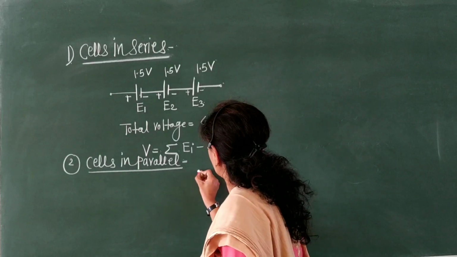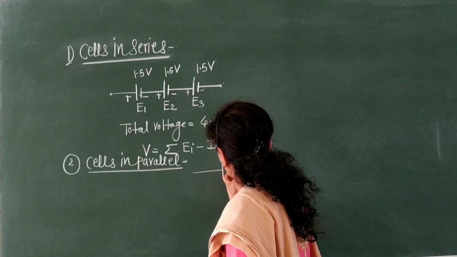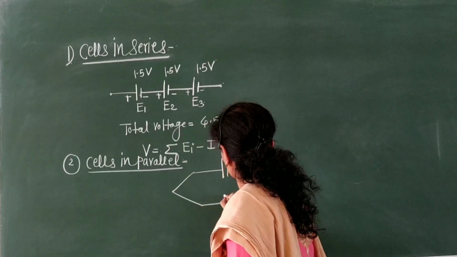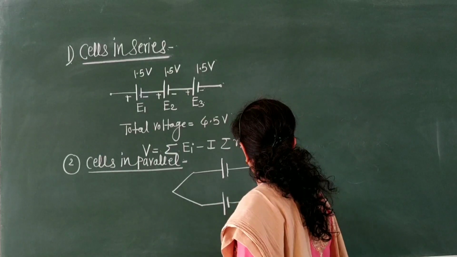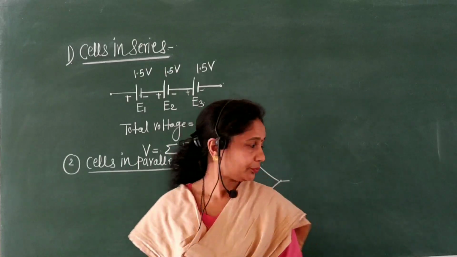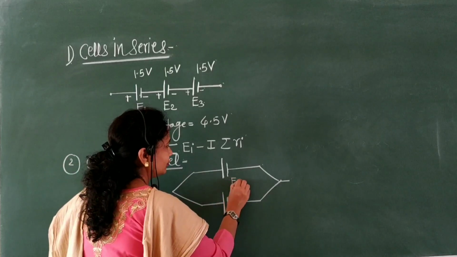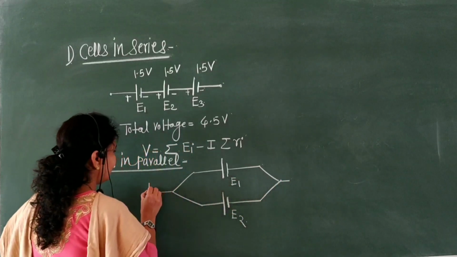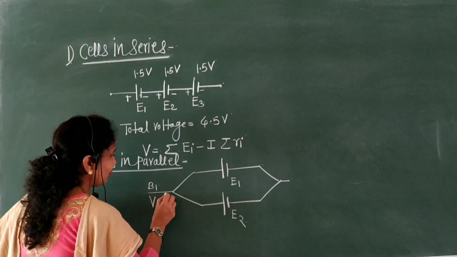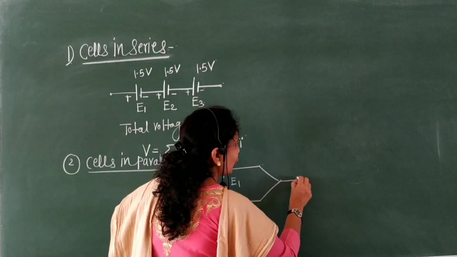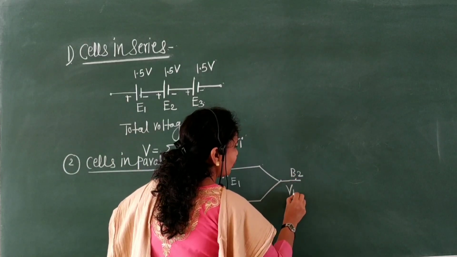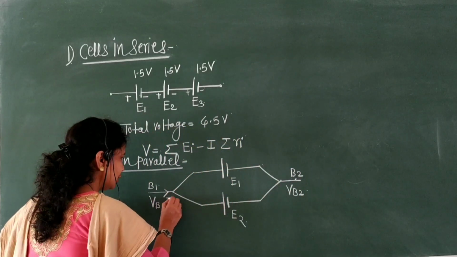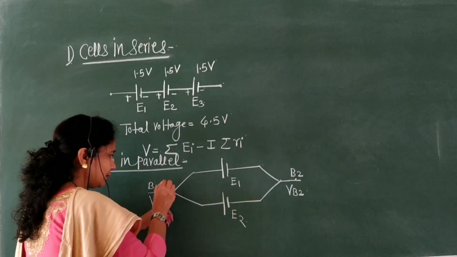See this, like, say this is E1, this is E2, okay. Then say this is point B1, the voltage at point B1 is VB1, this is point B2, the voltage at point B2 is VB2, the current flowing through this is I, then this is the junction point.